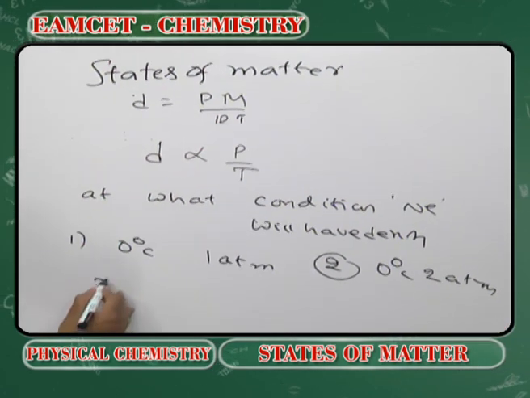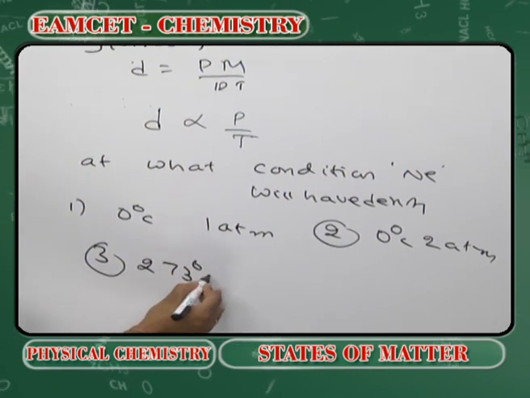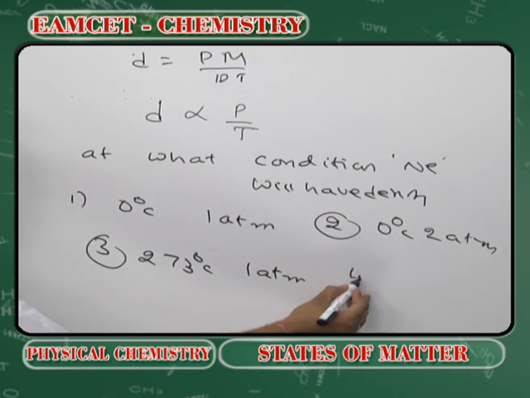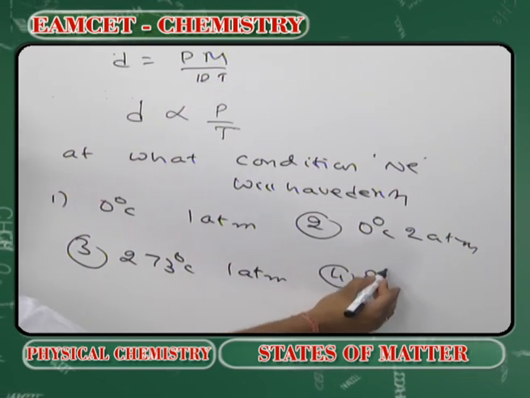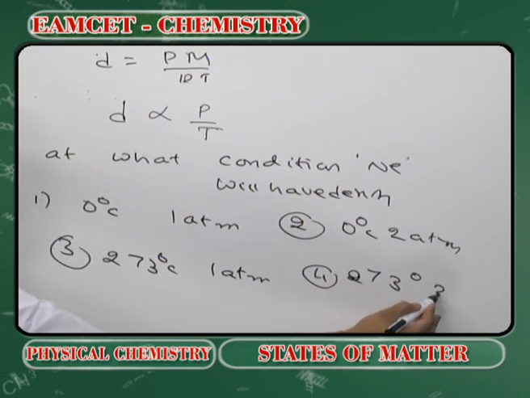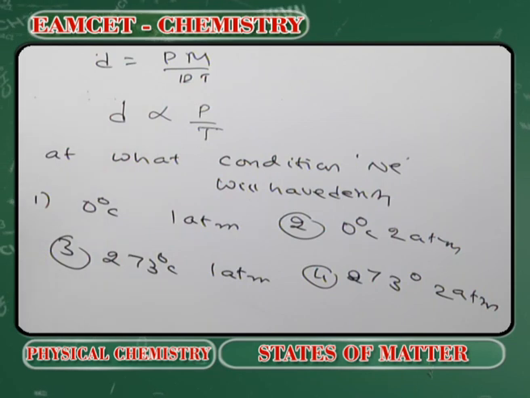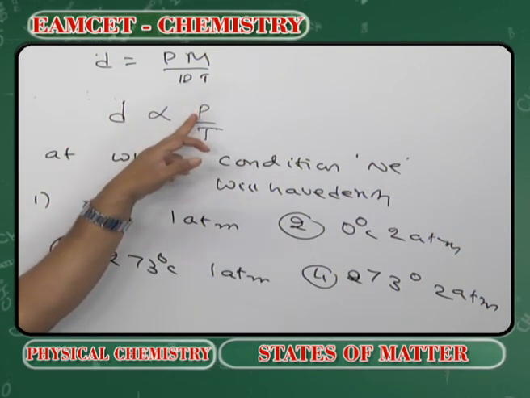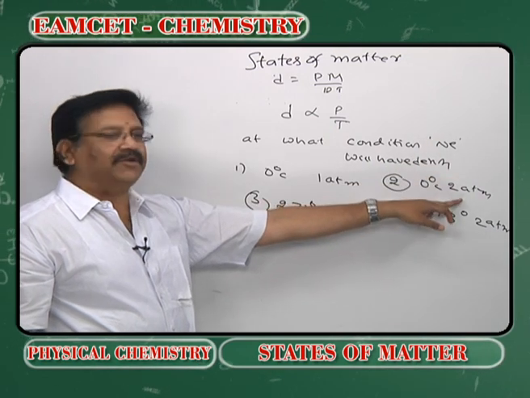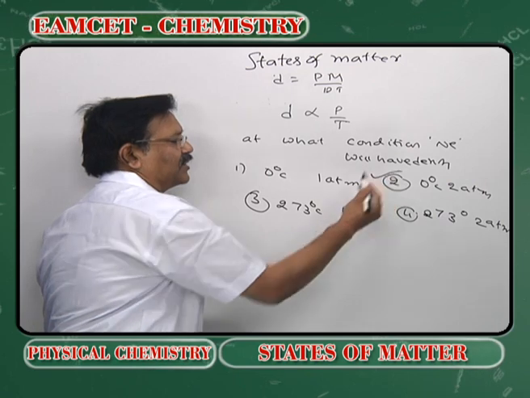Option 3 is 273 degrees centigrade, 1 atmosphere pressure. Option 4 is 273 degrees centigrade and 2 atmospheres pressure. So, what is the necessary condition? Pressure must be high, temperature must be low. These conditions are satisfied by option 2, so this is the correct option.